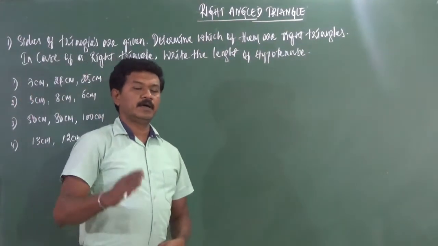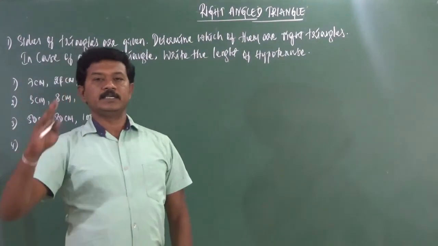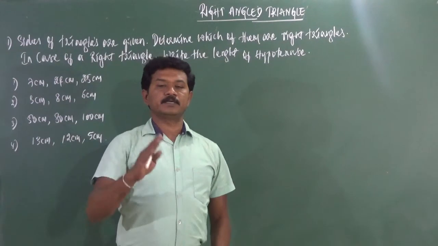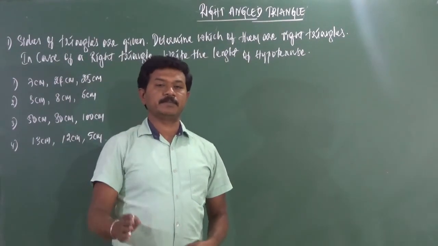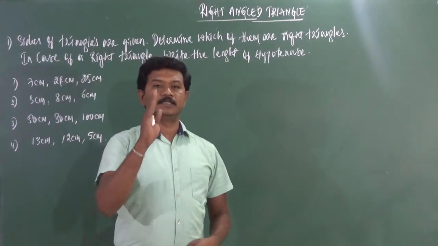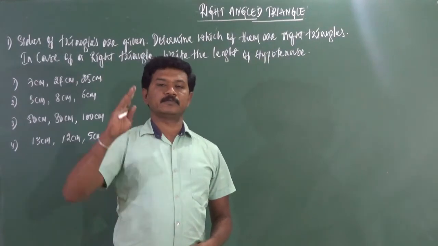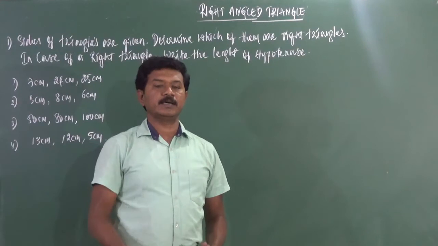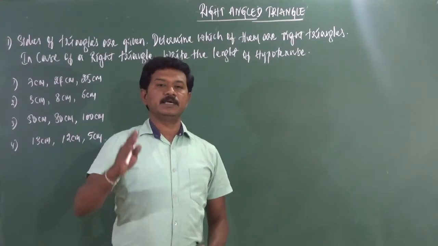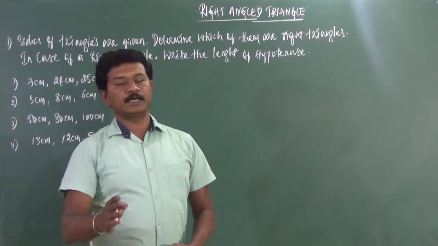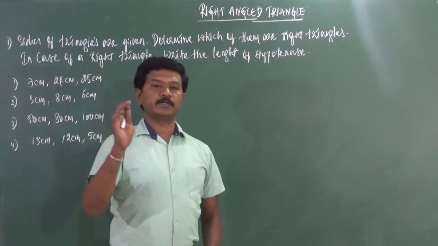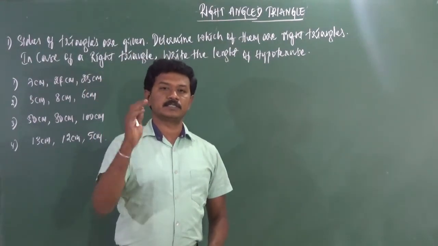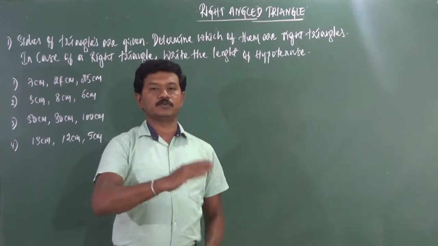So very simple. Among the given 3 sides, if they form the Pythagorean triplets, if they satisfy Pythagoras theorem, then the natural number which is of the highest value, the biggest number, will be the length of the hypotenuse, because in a right angle triangle, hypotenuse is the longest side when compared to the other 2 sides.